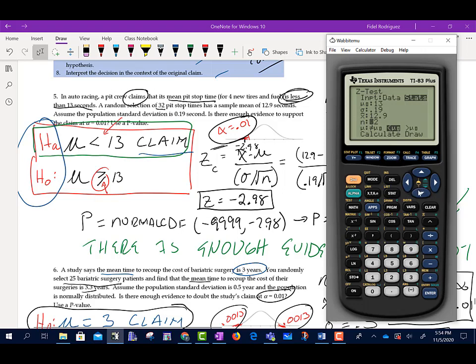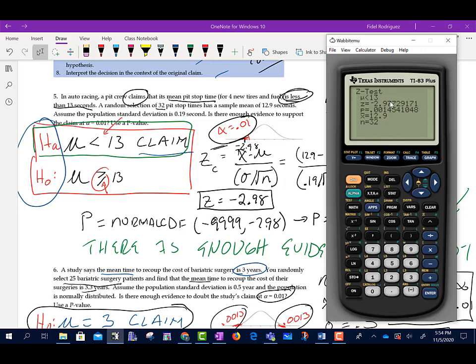Okay, and then the next part is we're going with our claim, and our claim, it's saying that it is what, less than 13. So if you notice right here, I'm clicking this one here for less than. I can kind of move it around, but I want to do the less than one. Once I do that, I'm going to hit calculate, and I want you to notice something.